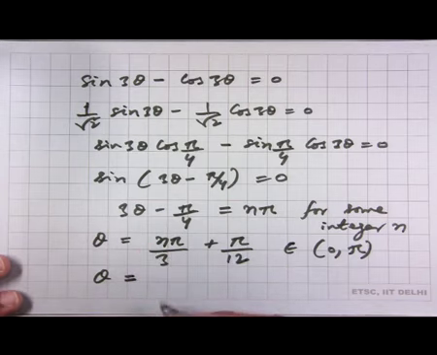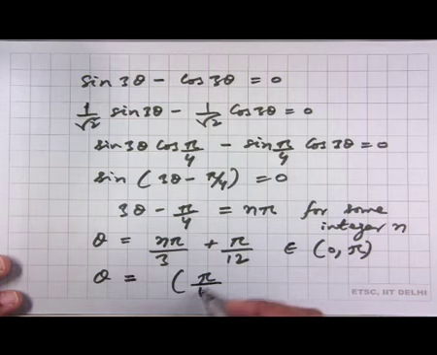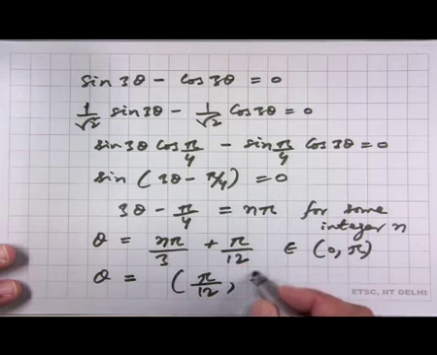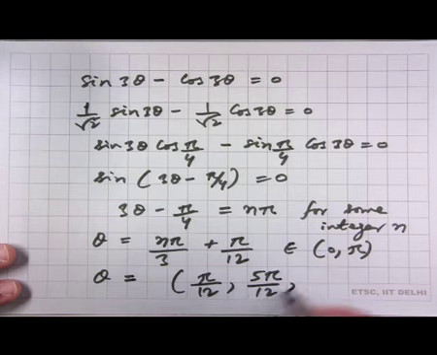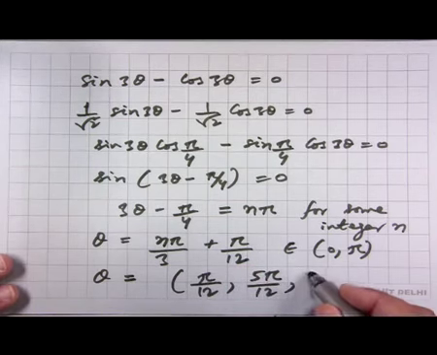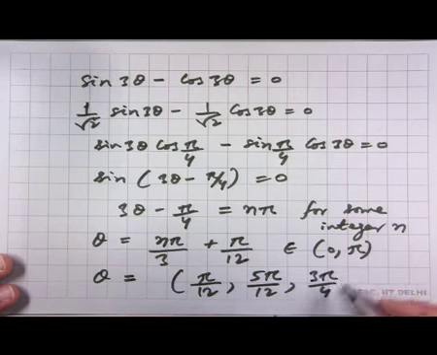So, with n equal to 0, we get the solution pi by 12. With n equal to 1, we get the solution as pi by 3 plus pi by 12, which is actually 5 pi over 12. With n equal to 2, we get 2 pi by 3 plus pi over 12, which is 3 pi over 4.